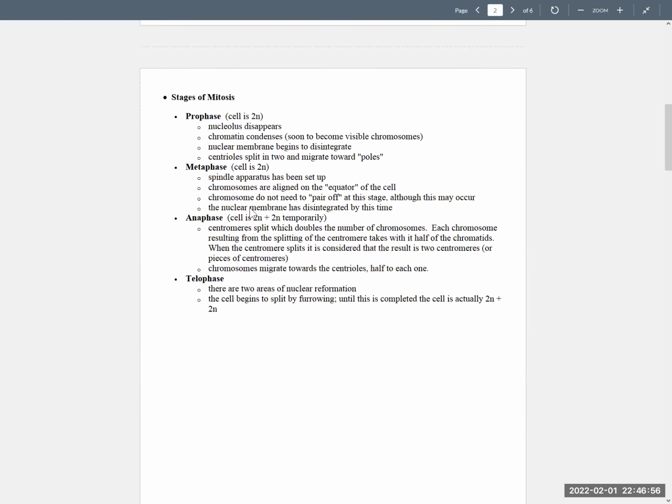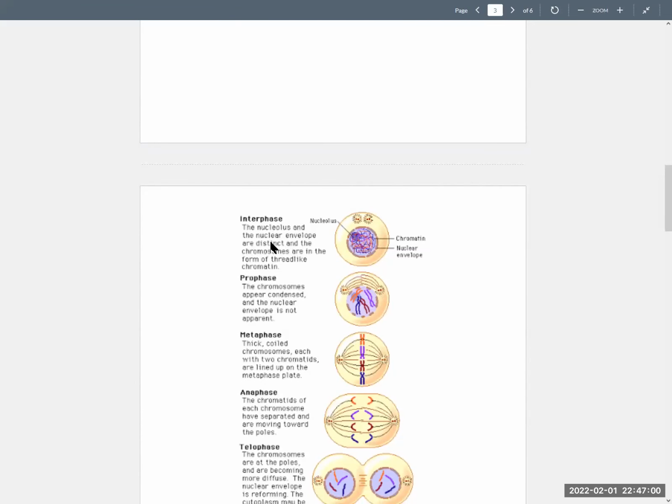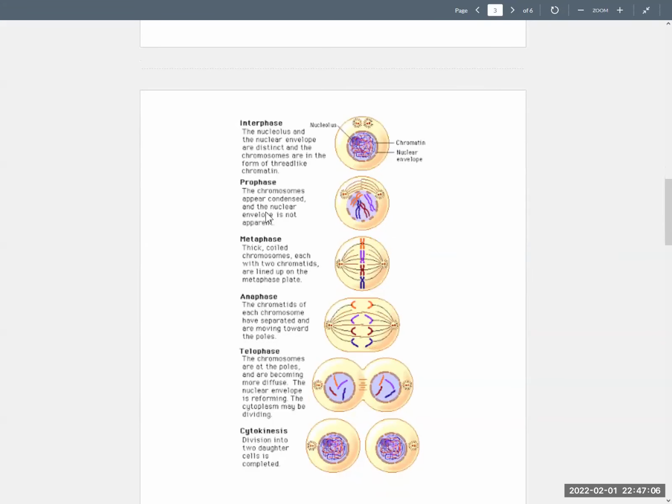Okay, we got to now go down and take a look at that. This is interphase here, when that's not a part of division. Prophase is. Here's the centrioles migrating. They'll go to opposite poles, and they send out what we call spindle fibers.